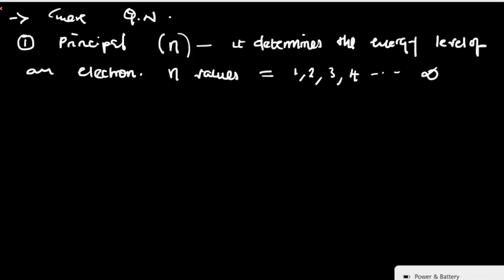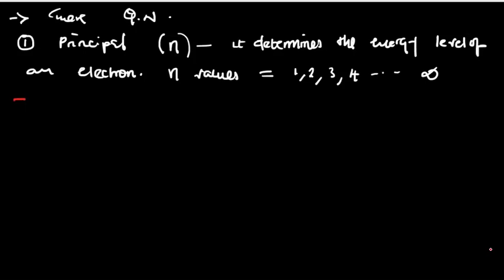We should understand that the higher the energy level, the bigger the atom, or the further the electron stays away from the nucleus.